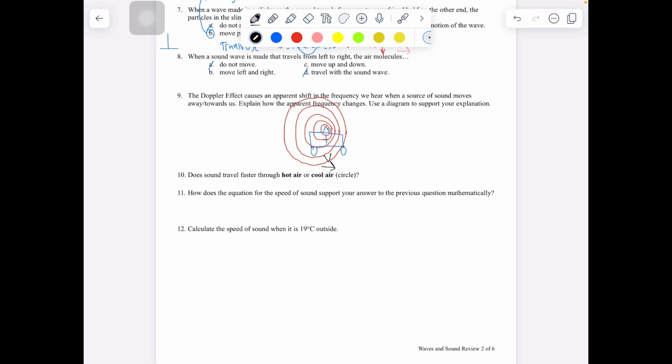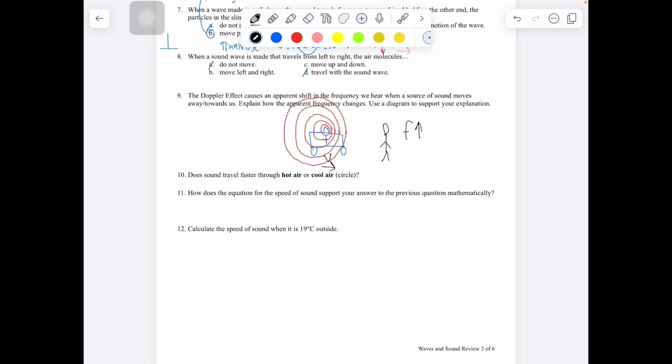So if you are standing over here in the direction that the vehicle is moving towards, you are going to hear a higher frequency just because the distance from crest to crest, the wavelength, is shorter. So you interpret that as, well, wavelength decreases, frequency increases. You hear that higher pitch, that higher frequency.